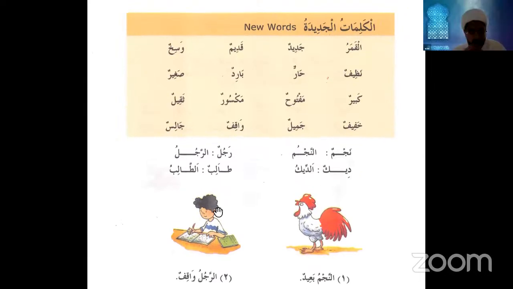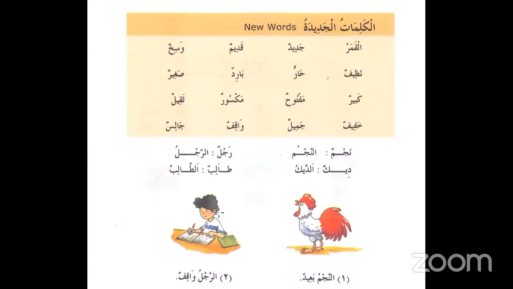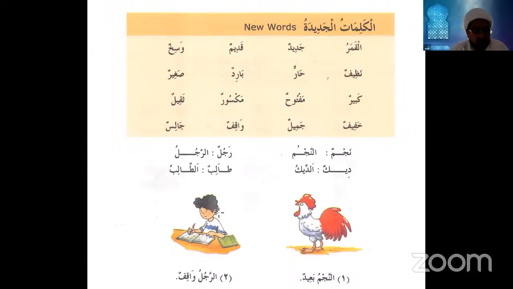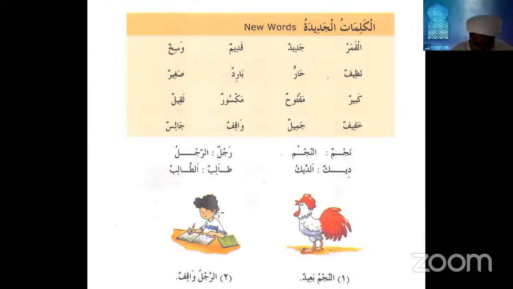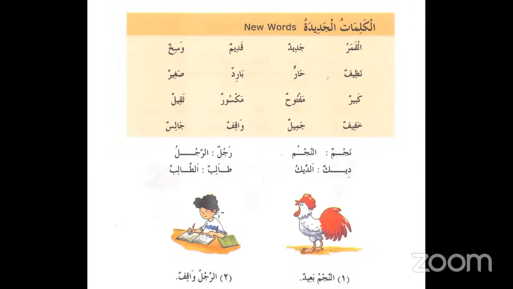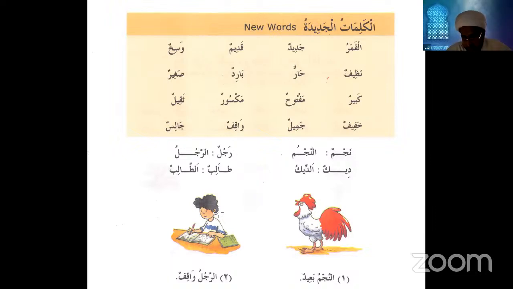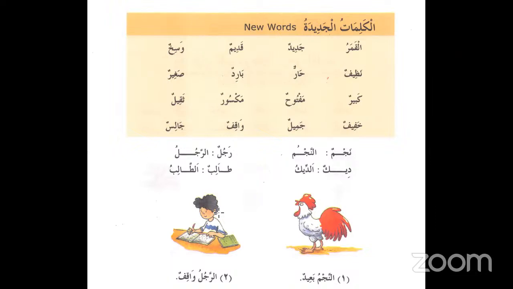Al-qamaru, the moon. Jadidun, new. Qadimun is old. Wasikhun is dirty. Nadhifun is clean. Harun is hot.